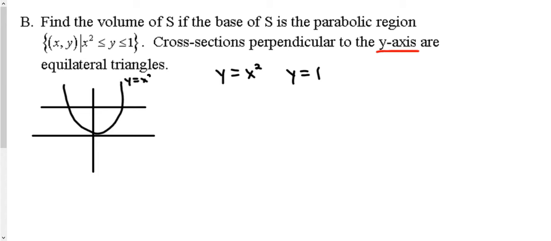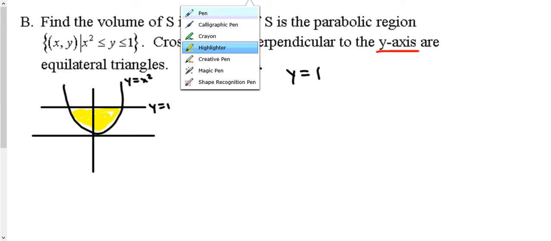We want all the points where y is greater than x squared, so above x squared, and below y equals 1. So we're looking at this region in here. Maybe I'll highlight that in yellow here. This is the region we're talking about.